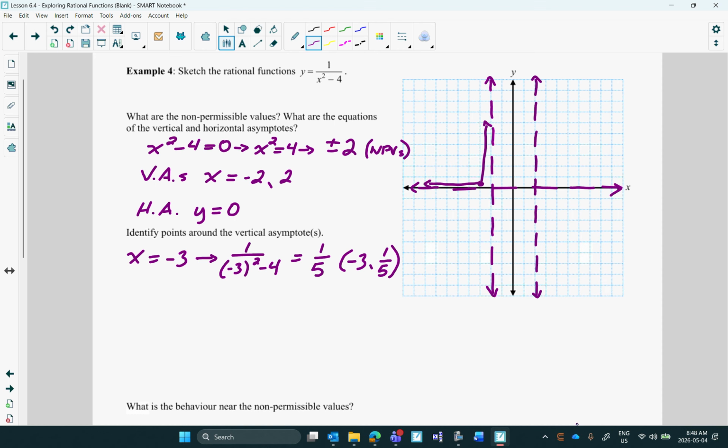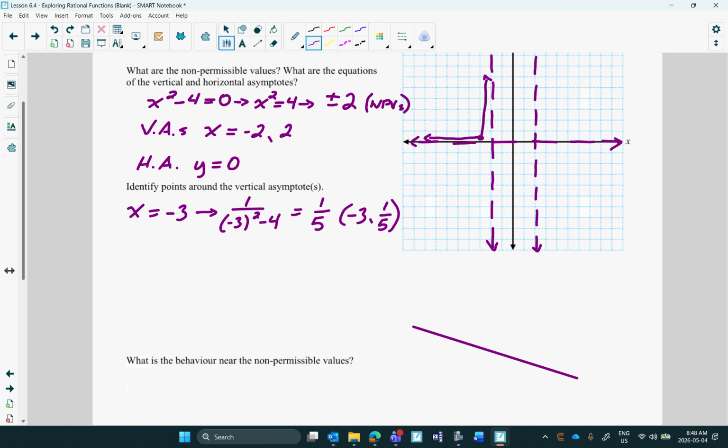What's happening inside here? Well, let's pick x equals -1. So that means I'm going to get 1 over -1 squared minus 4.